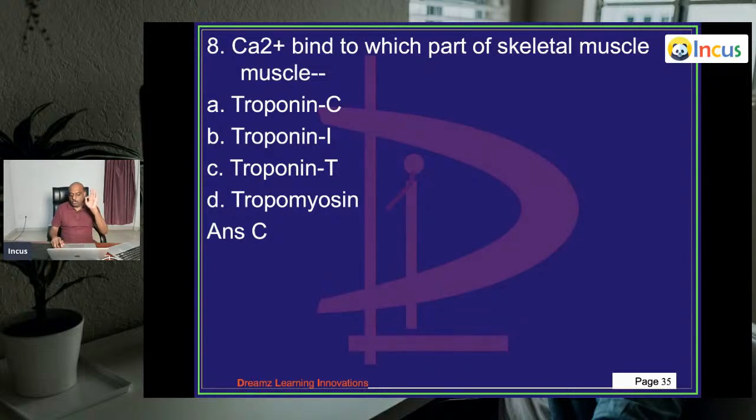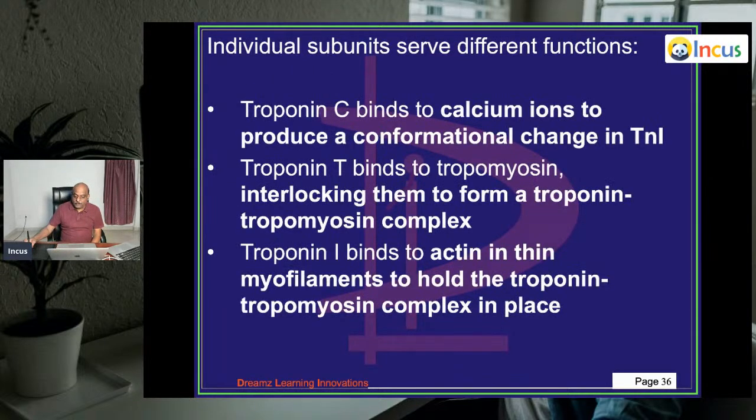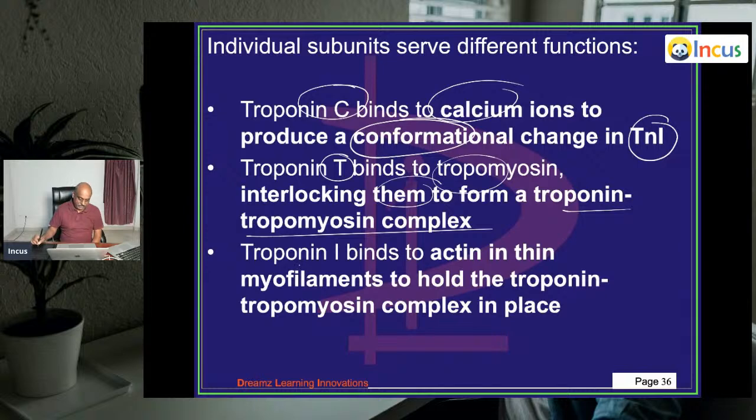Calcium binds to troponin C. So troponin C binds with calcium, C for calcium, to produce a conformational change in troponin I. Troponin T binds to the tropomyosin, interlocking them to form the troponin-tropomyosin complex.